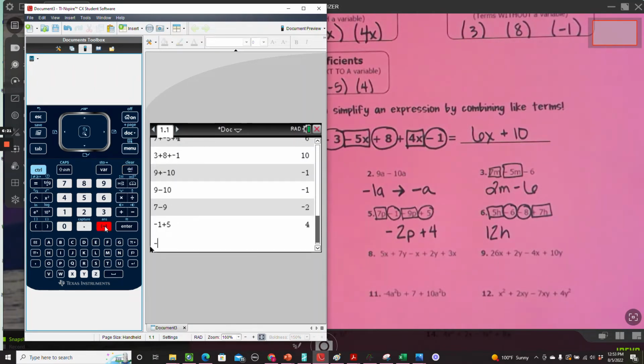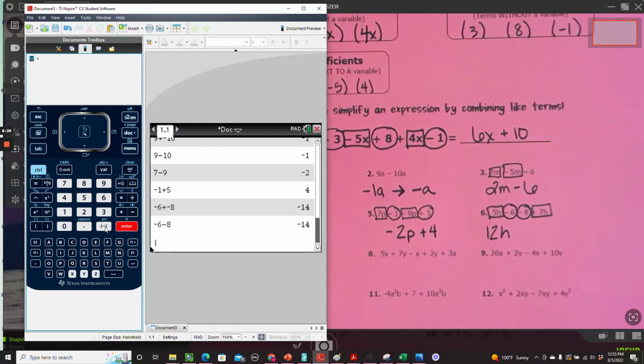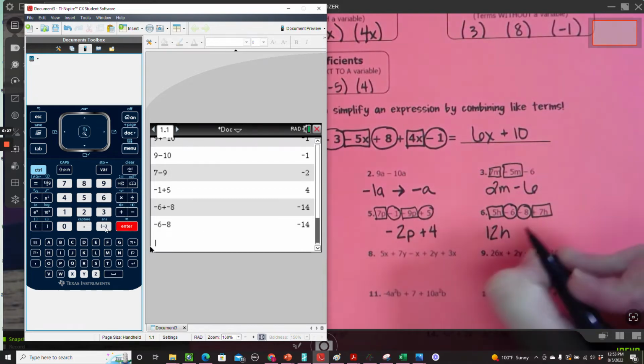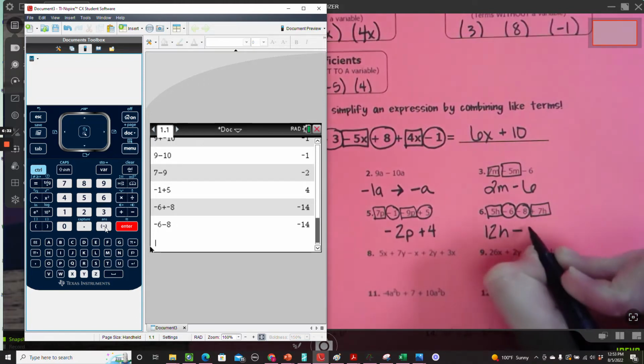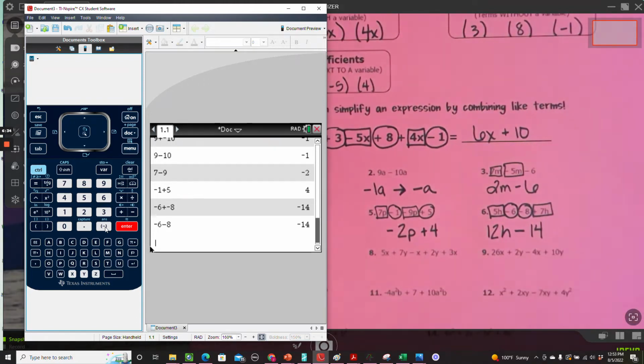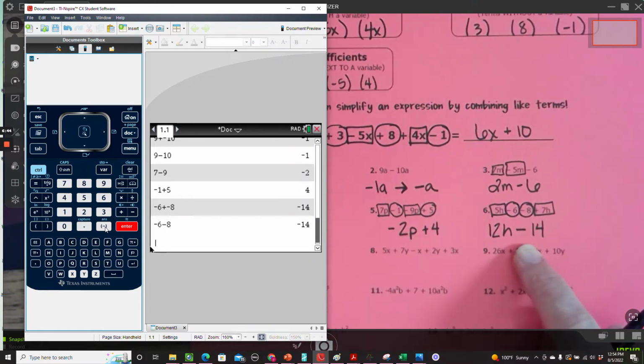So again, negative 6 plus negative 8 or negative 6 minus 8. It's going to give you the same thing. So here I've got a negative 14. So to write that, I just write minus 14. So although in your calculator you need to be specific when using the negative and the subtraction sign, they're kind of interchangeable when we write them in expression form.